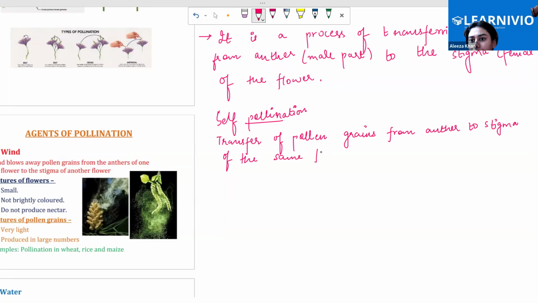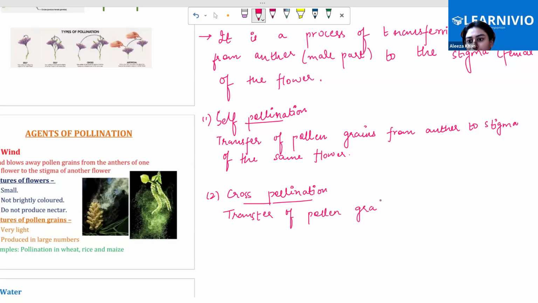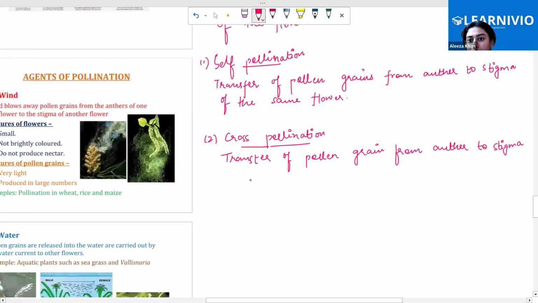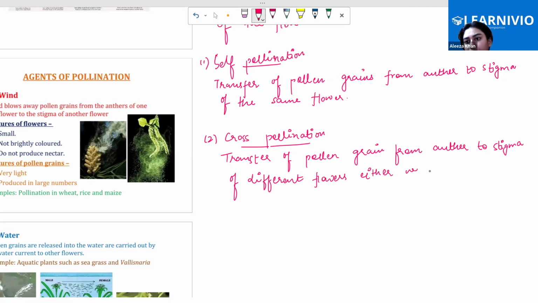Of the same flower. But if we talk about the cross-pollination, it is transfer of pollen grain from anther to stigma of different flowers, either within the same plant or a different plant.